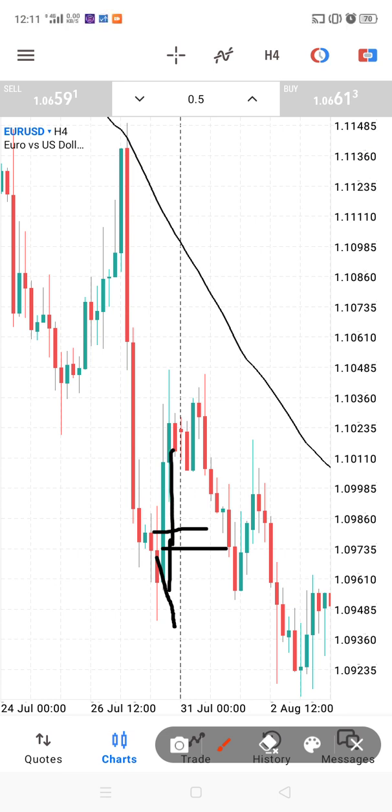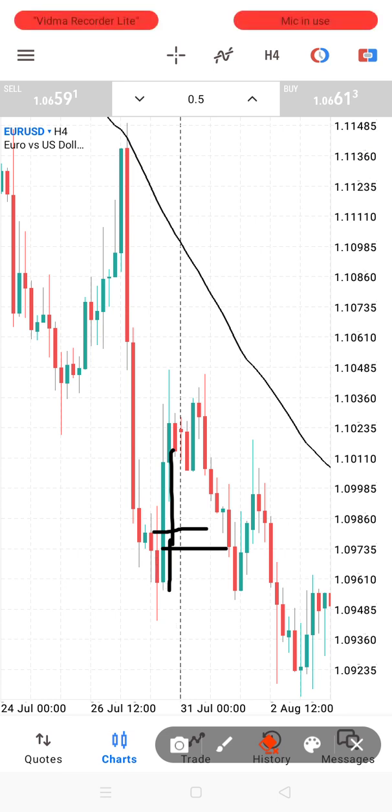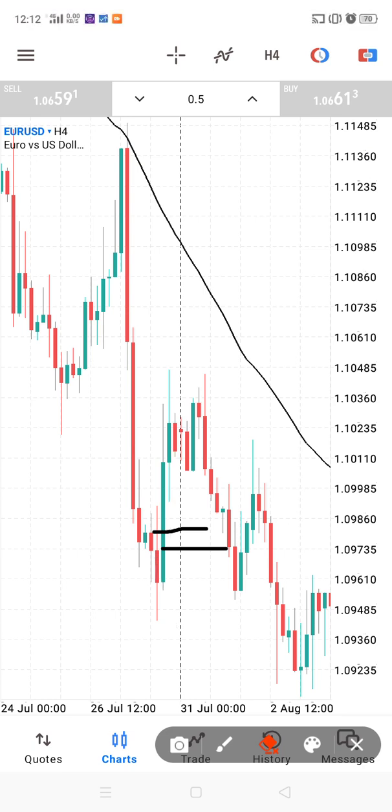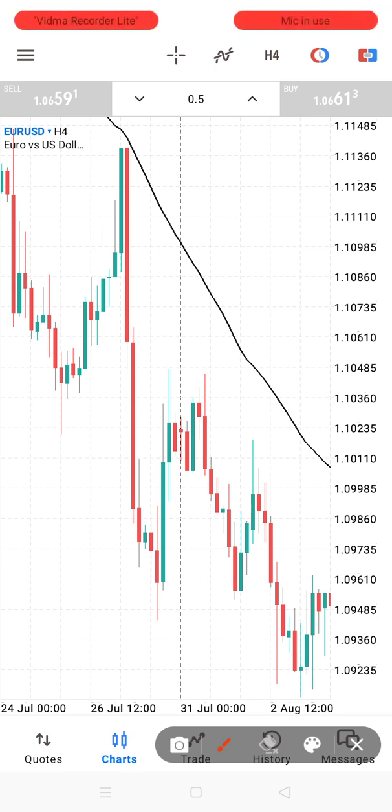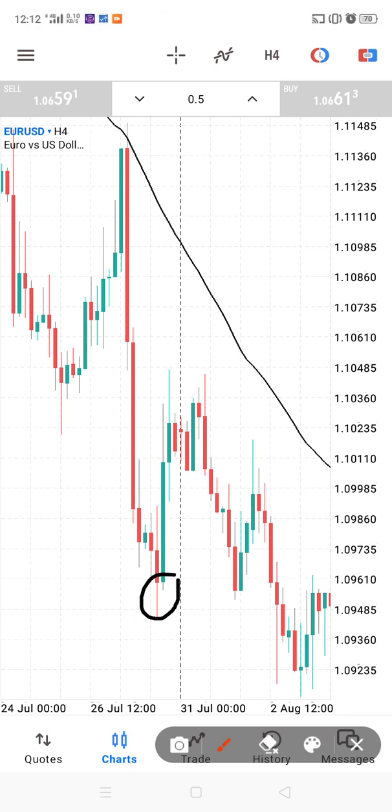So we shouldn't take trades like this, especially if we have a wick like this one. This wick is a strong alarm to you to not take the trade.